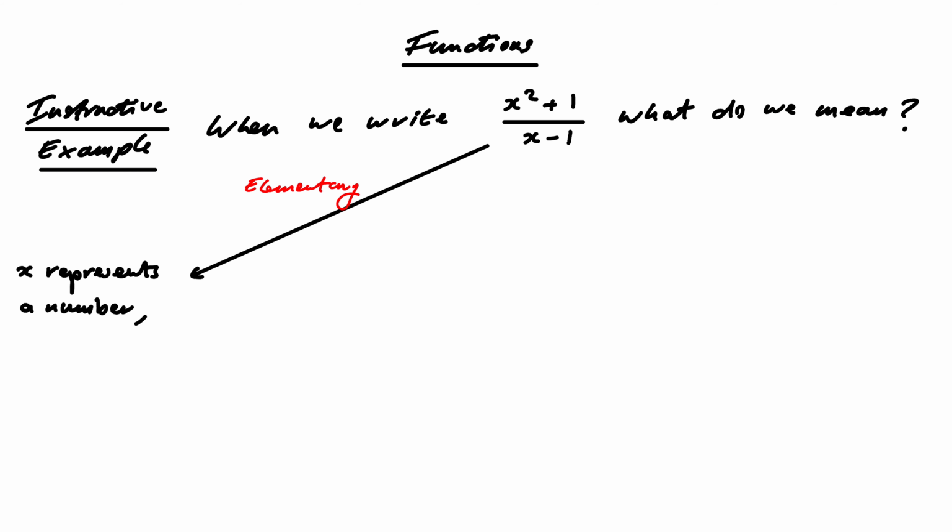So this expression, x squared plus 1 divided by x minus 1, is just a number. Very good. But there is a slightly more sophisticated way to think about this.